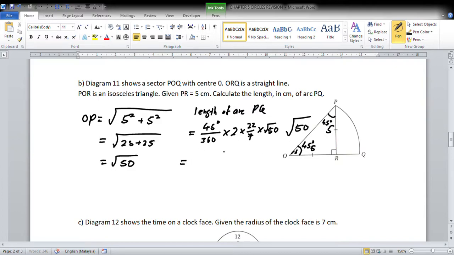Just do the calculation and you will get the answer 5.556 centimeter for the length of arc PQ.